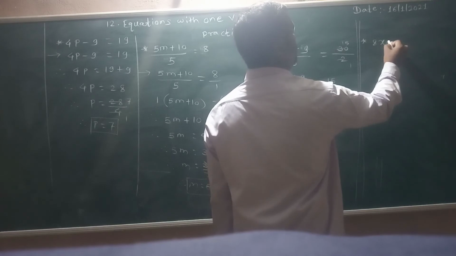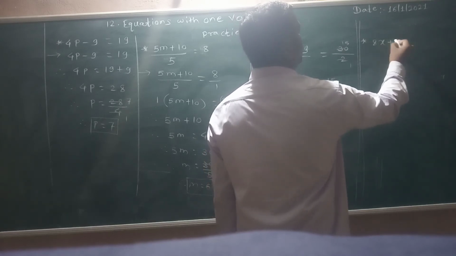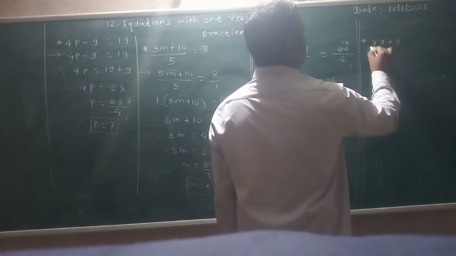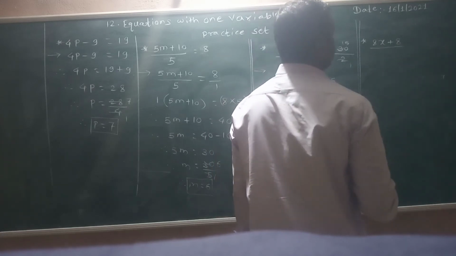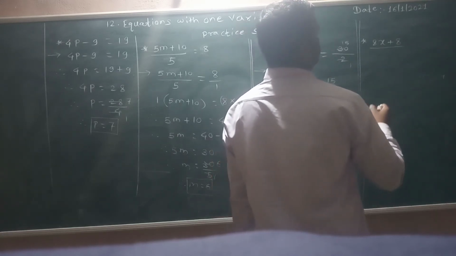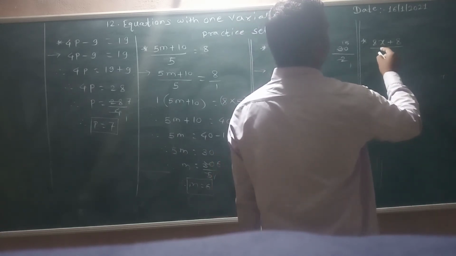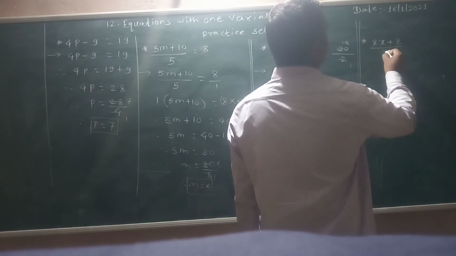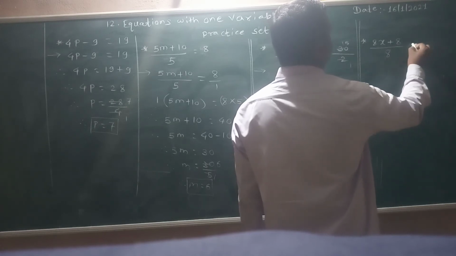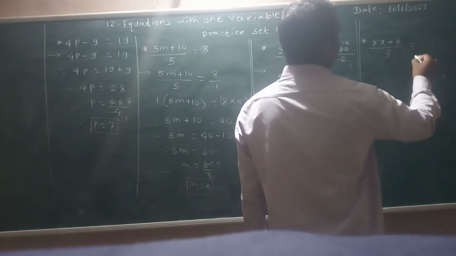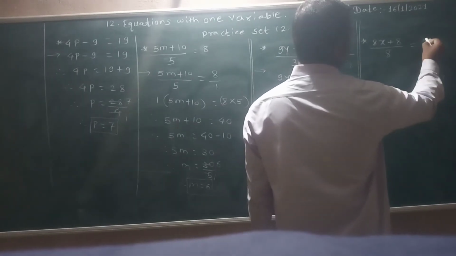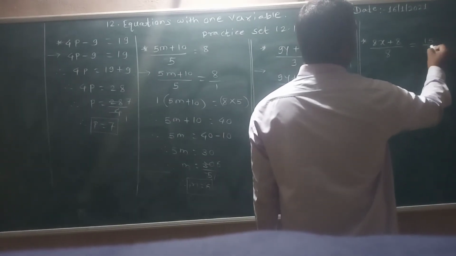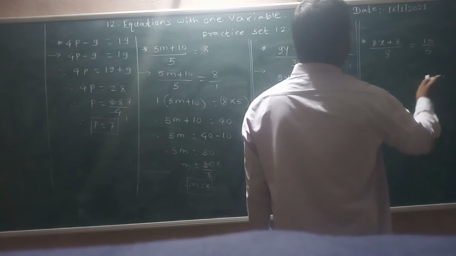8x plus 8 divided by 8 is equal to 15 upon 5.